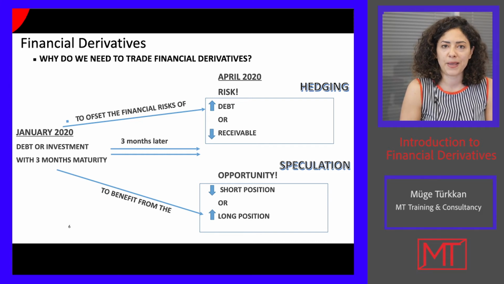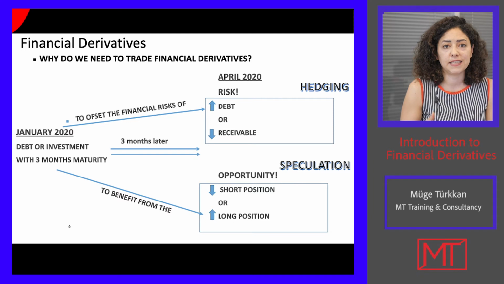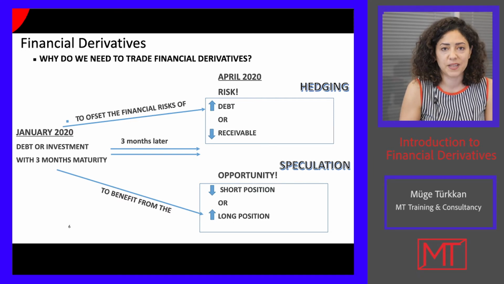And you are anticipating an appreciation, an increase in the value of that foreign currency. How do you protect yourself from that risk? You can buy a derivatives product and fix that currency rate from today for your future transaction. And that is called hedging.